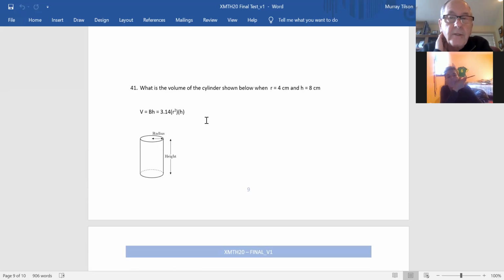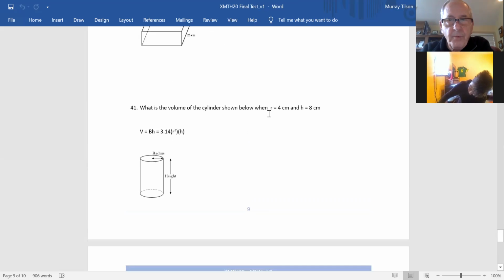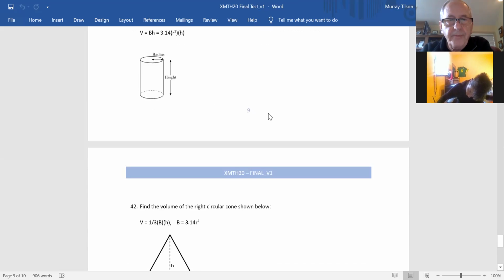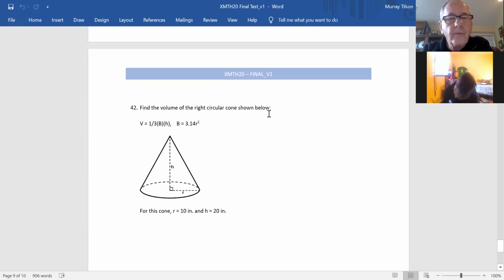It would be 16 times h times 3.14. And remember, whatever your units are, they're in cubes, right? If it's inches, feet, or in this case centimeters, so cubic centimeters would be your answer. It's important to have those units right.